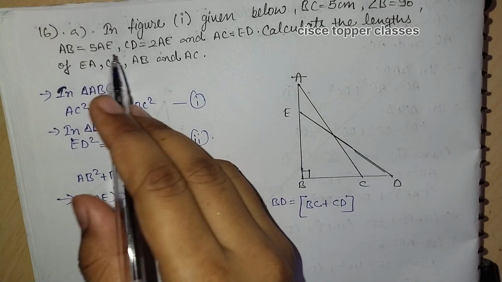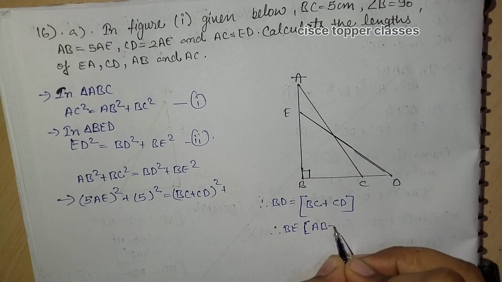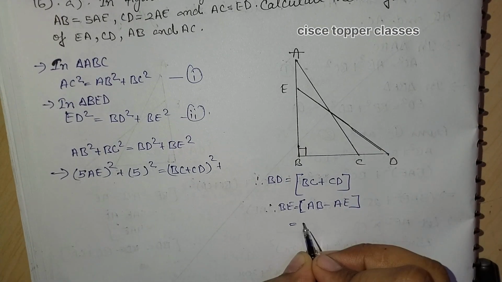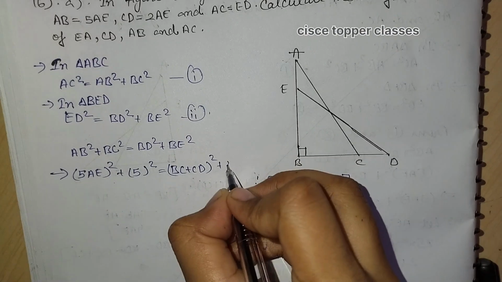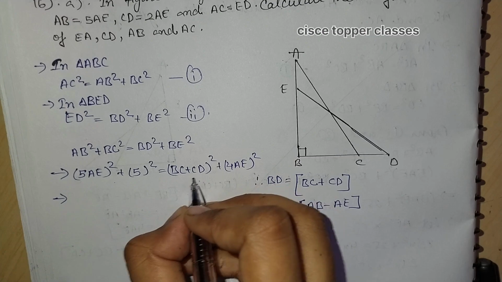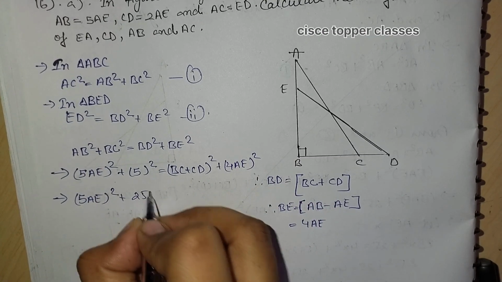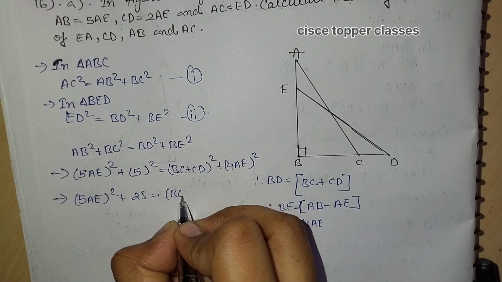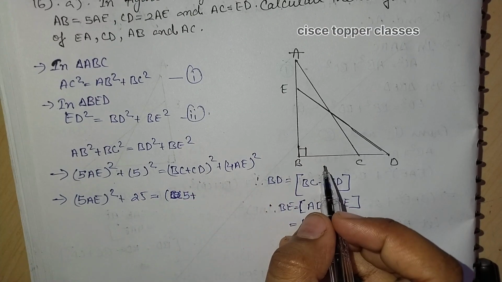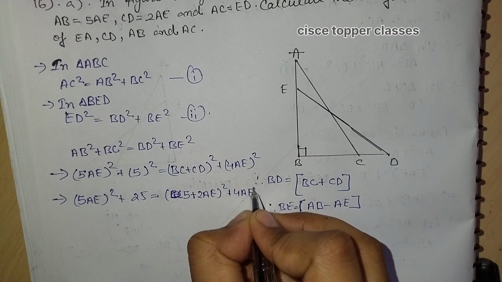BE we can write as AB minus AE, and the value of AB is given to us as 5AE, so we get 4AE, (4AE) whole square again. Now in this whole equation, CD we can write as 5AE square firstly plus 25 equal to... BC is what? 5 centimeter. So 5 plus CD, which is given as 2AE, so (2AE) whole square plus (4AE) whole square.